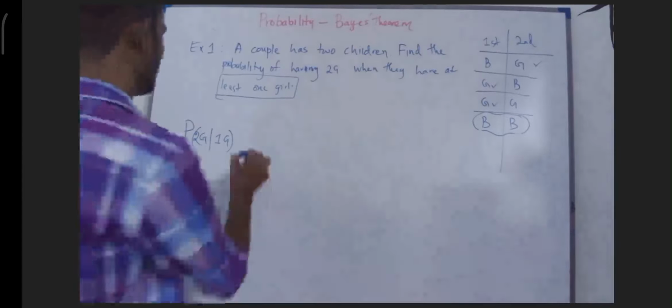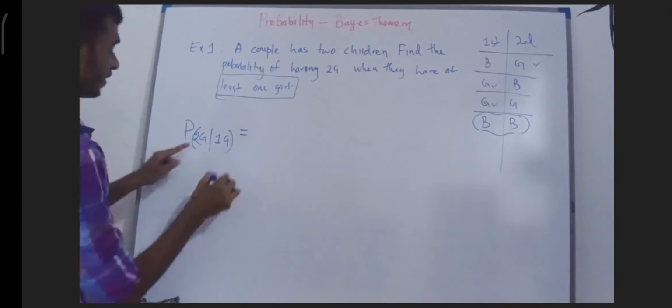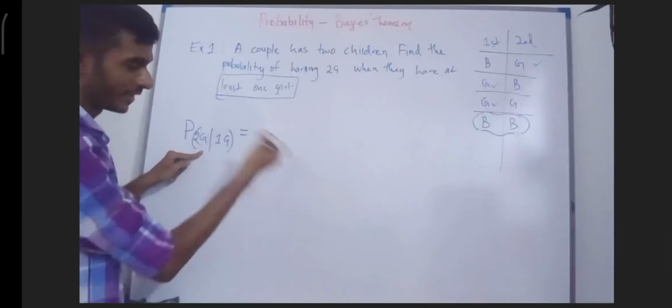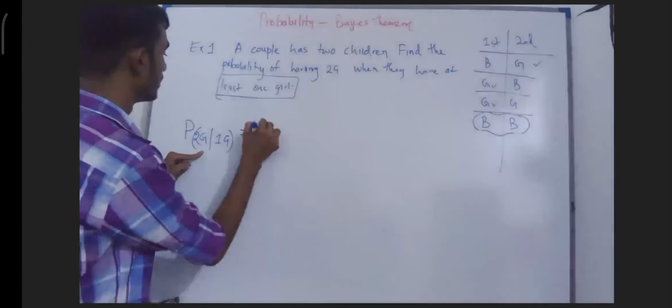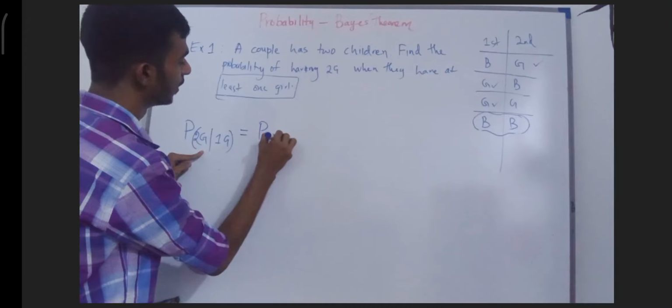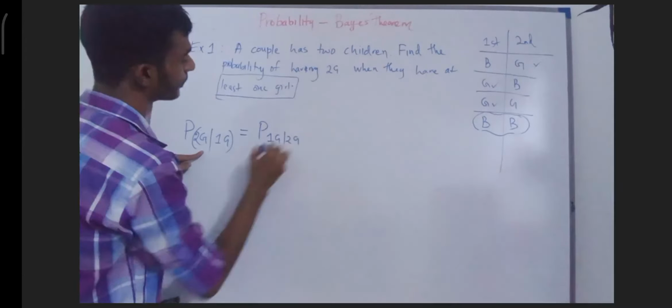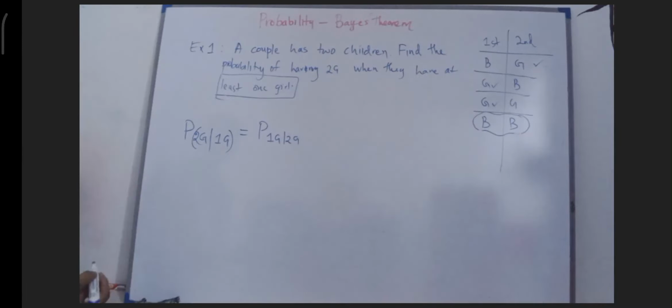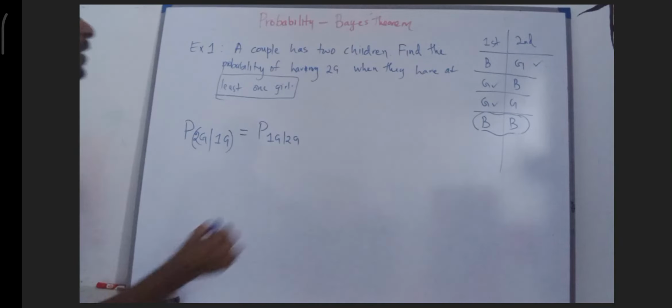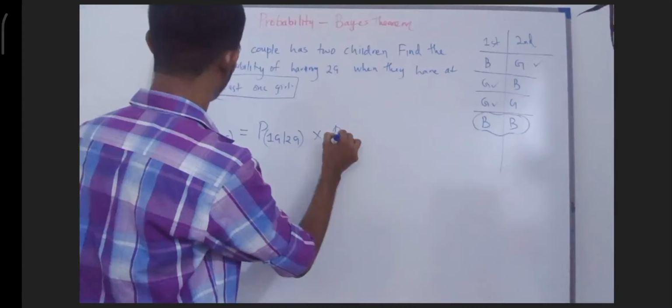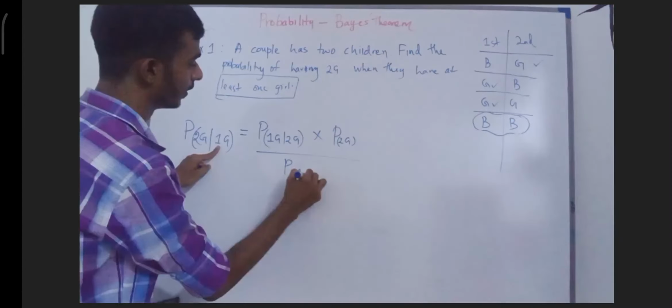Now this is the Bayes theorem. So I just interchange the positions: probability of 1 girl when they have 2 girls, into probability of 2 girls, divided by probability of 1 girl.